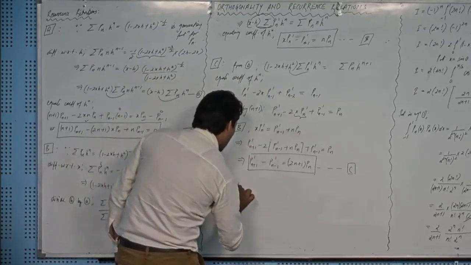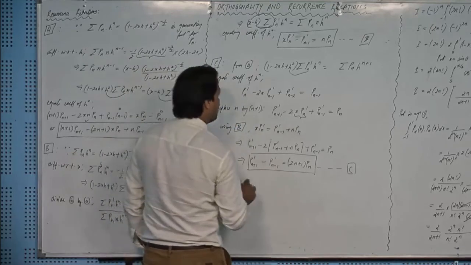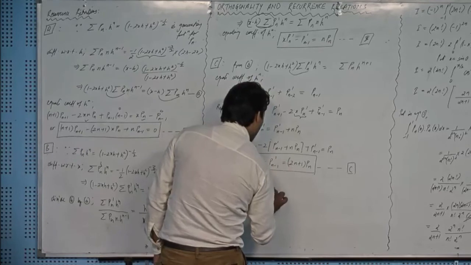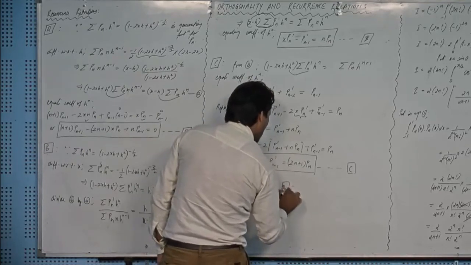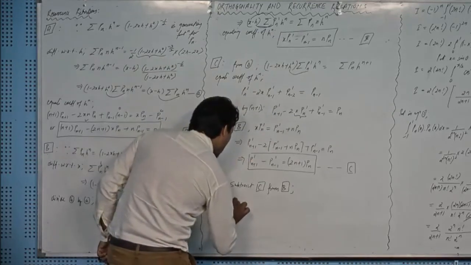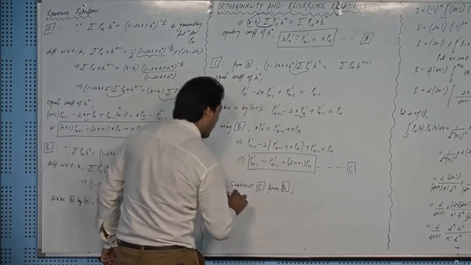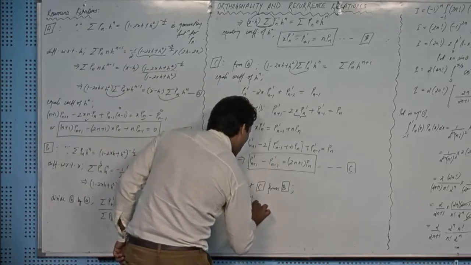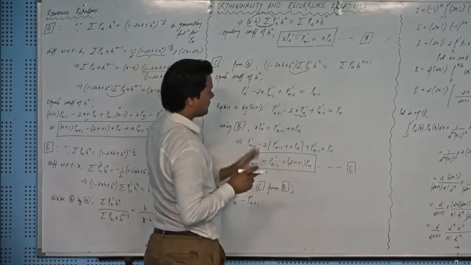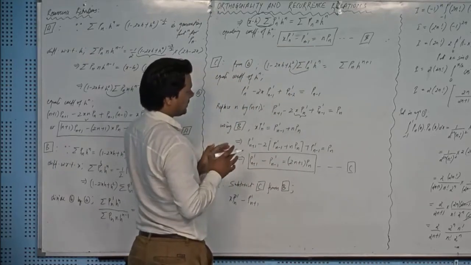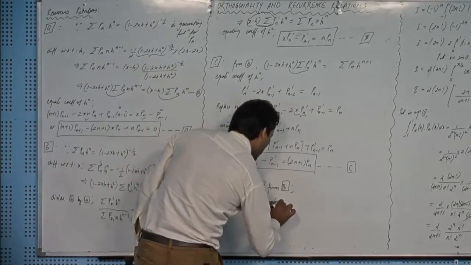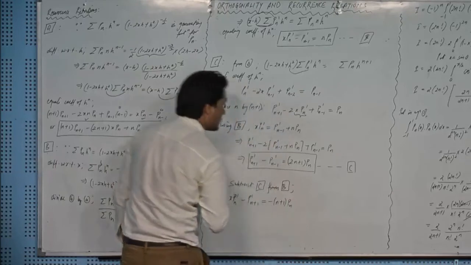Subtract C from B, and you can see that if you subtract this minus this, that will give you x Pn dash minus Pn plus 1 dash. This will be cancelled, the second term will be cancelled, and here you will have n Pn minus this thing, that will become minus of n plus 1 Pn, right?